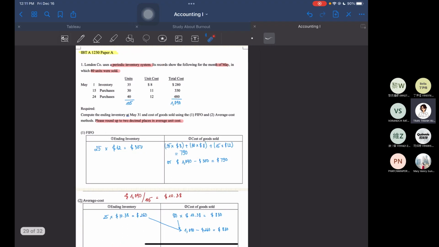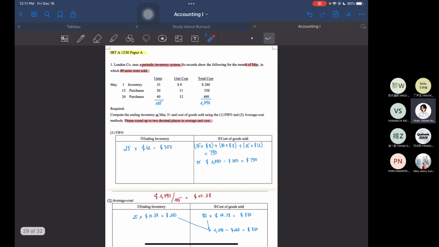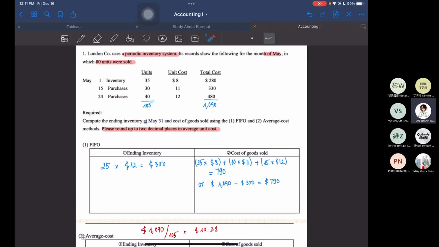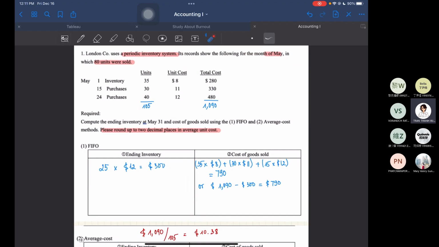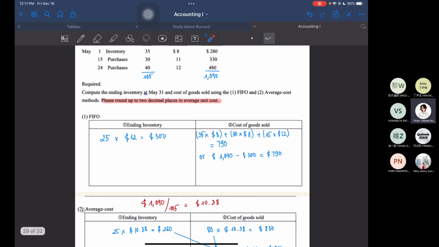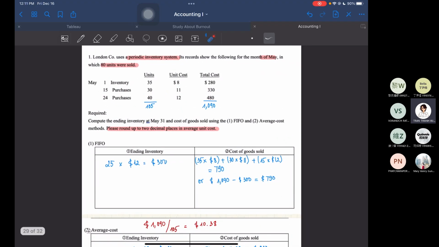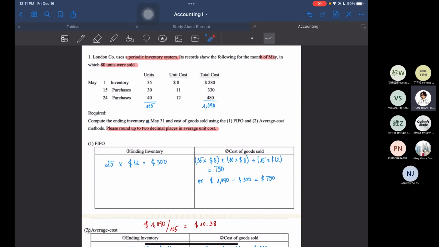So in order to illustrate more specifically, I will show you an exercise that I used in my quiz. Here it says they're using the periodic inventory system, and by the end of May it sold 80 units.